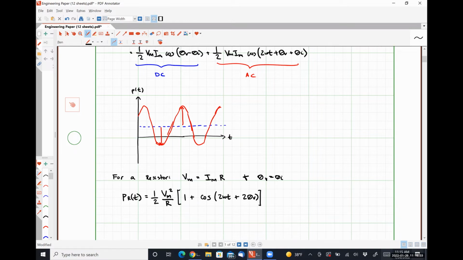So we should see that for a resistor, we're going to have a graph similar to this, except it's going to be shifted up such that the negative peaks correspond to hitting the horizontal axis.